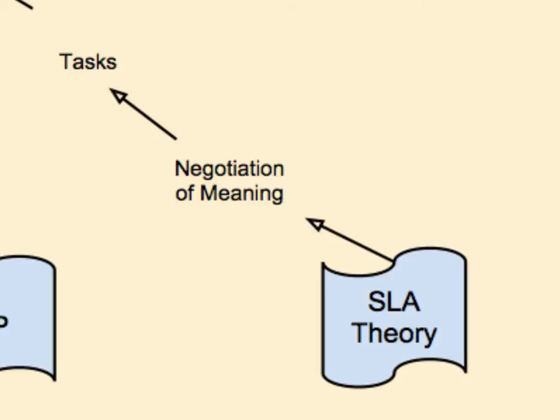And one of the things that SLA theory started to talk about was the importance of the negotiation of meaning, that learners could collectively produce output and work together in small groups in order to find their way to solving a problem or achieving a task or whatever it may be. And this led to the idea of communicative tasks, which would cause students to have to negotiate meaning.